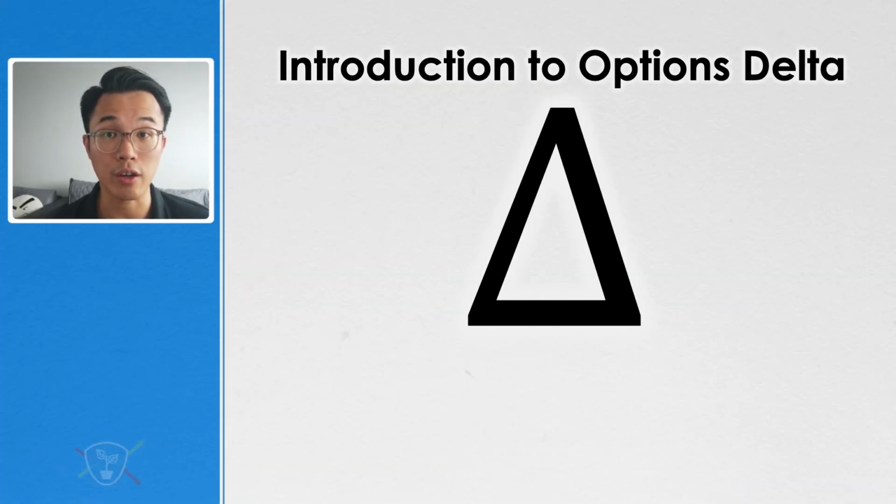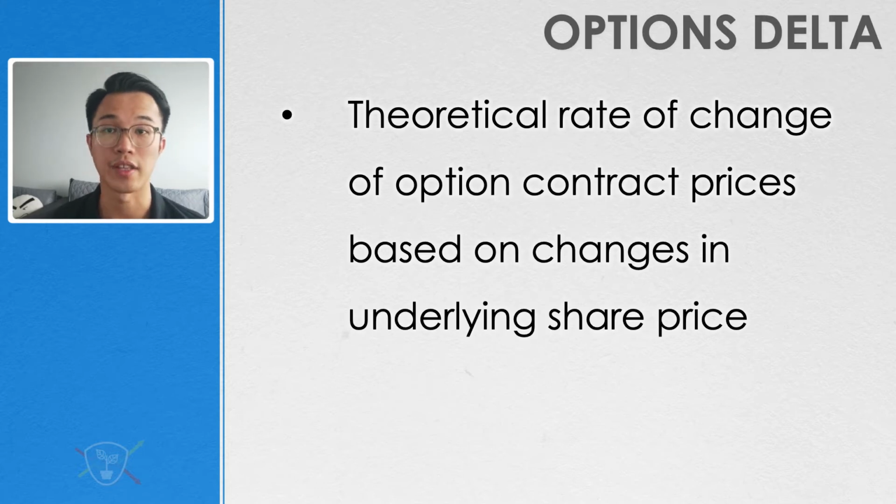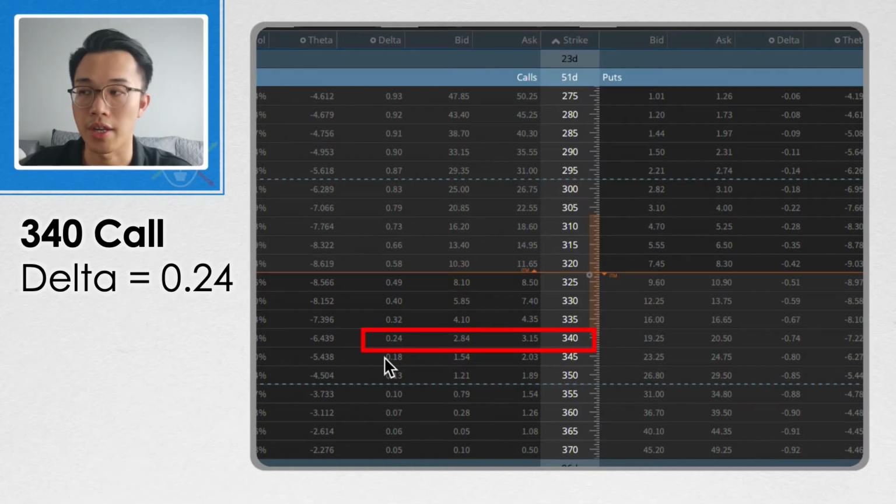Okay, I'm going to quickly go through what delta is. Let's get all the theory out of the way so that we can move on to the good stuff. What we have here is the textbook definition of delta. It is an expression of the rate of change in the option prices based on changes in the underlying share price. This call option has a delta of 0.24.